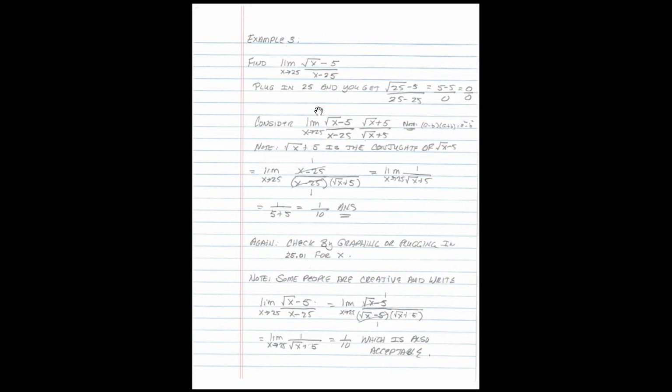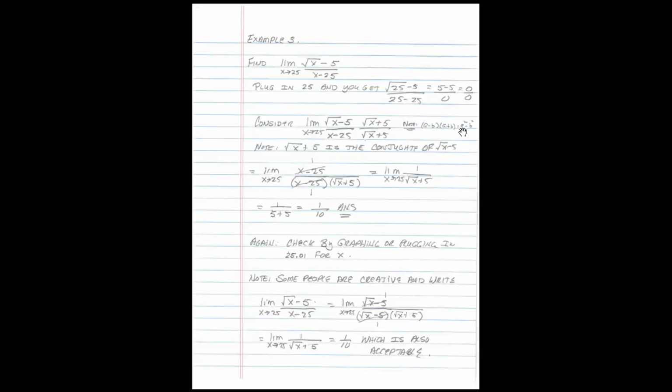The conjugate of a minus b is a plus b, or the conjugate of a plus b is a minus b. The reason we're going to do this is that when you multiply conjugates, a minus b times a plus b, you get a squared minus b squared, no middle term.